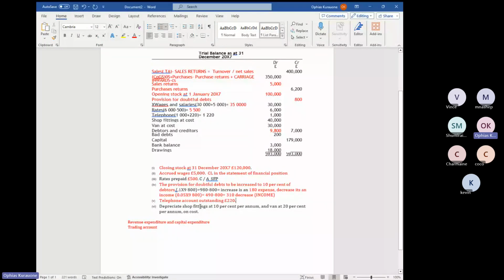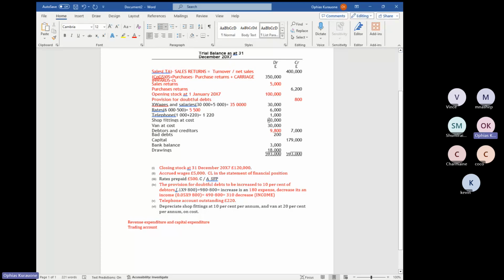If you don't understand this adjustment, it becomes a problem. Depreciate shop fittings at 10% per annum and van at 20% per annum on cost. On cost, it was saying the amount at which those assets were brought into use or acquired. So when those assets were acquired, shop fittings at cost, it was 40,000.